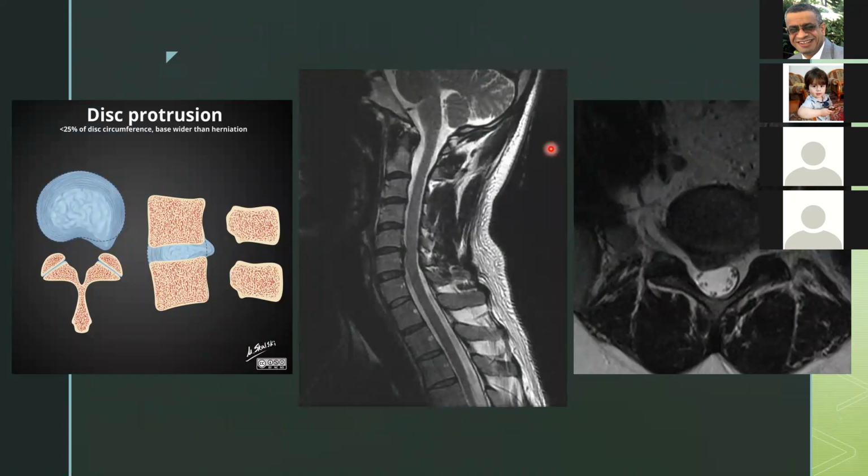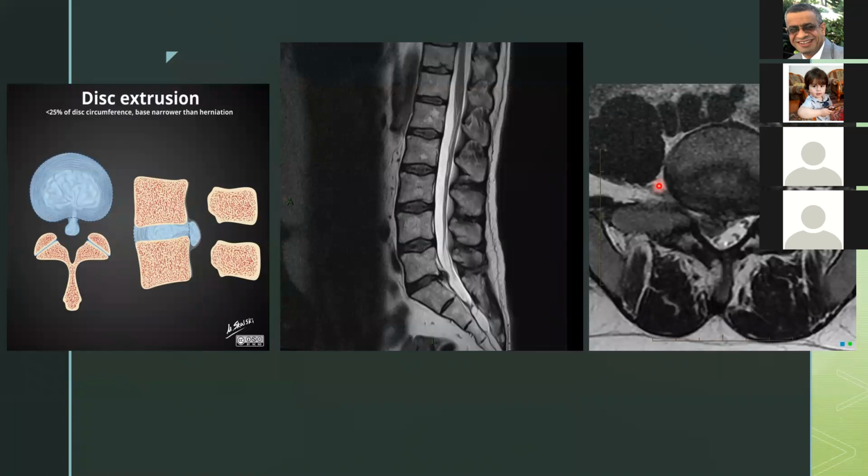Disc protrusion involves less than 25% of the disc circumference, and the base is wider than the herniation. Disc extrusion also involves less than 25% of the disc circumference, but the difference from protrusion is that the base is narrower than the herniation.